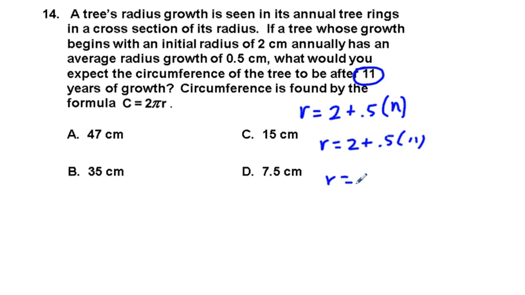So I get 7.5 after 11 years. So R equals 7.5 centimeters. And we're given a formula for circumference. We have like composition function. So C is going to be equal to 2 pi R. So that's going to be, C is equal to 2 pi times 7.5 for a radius.